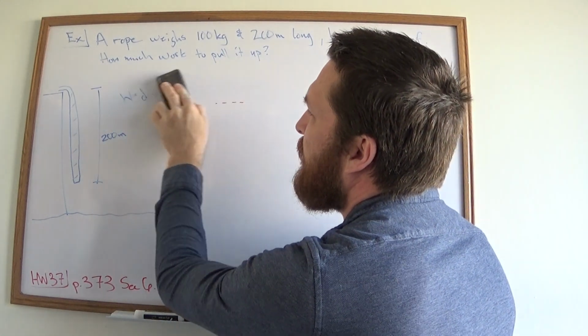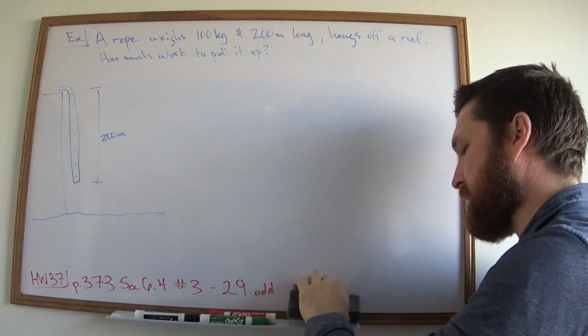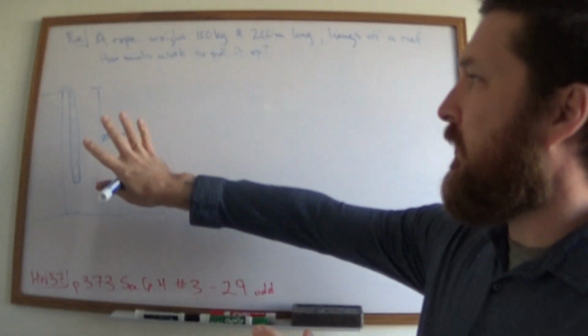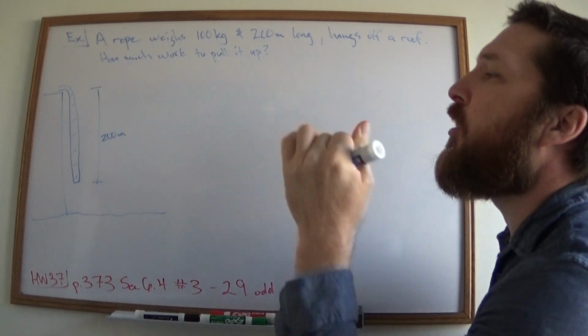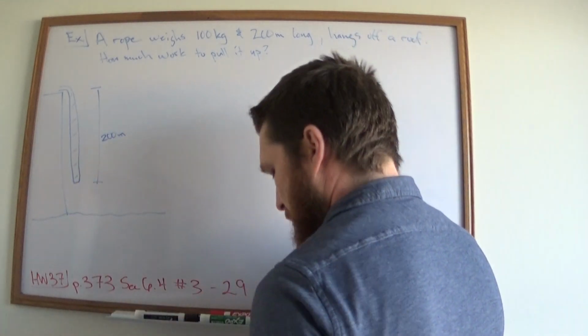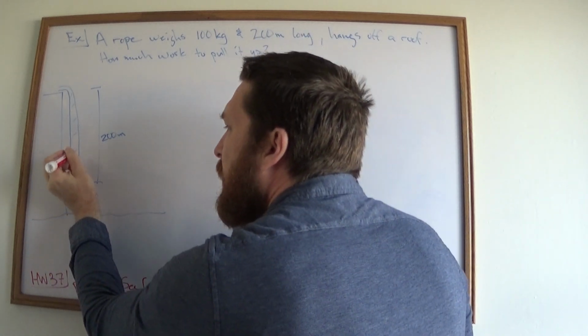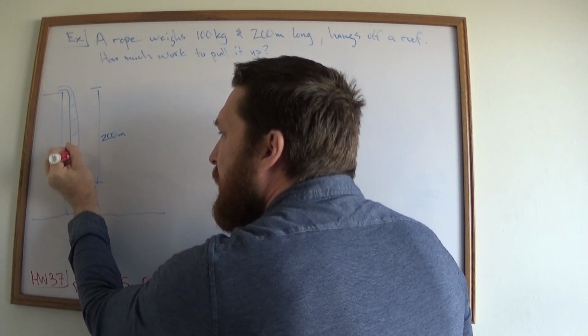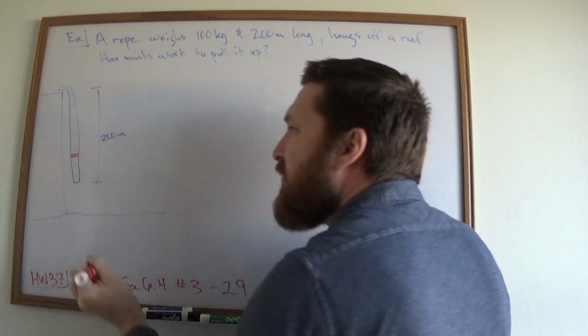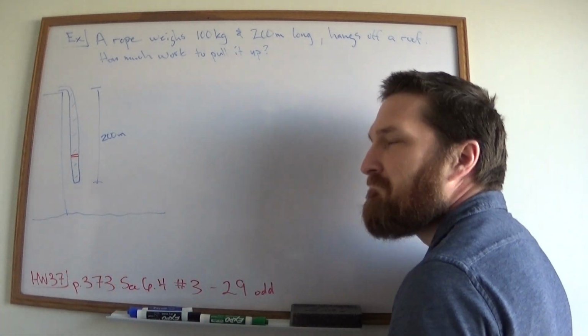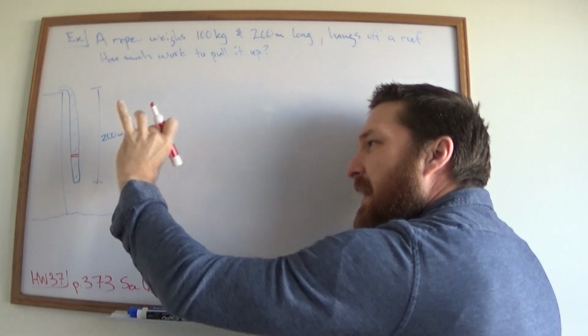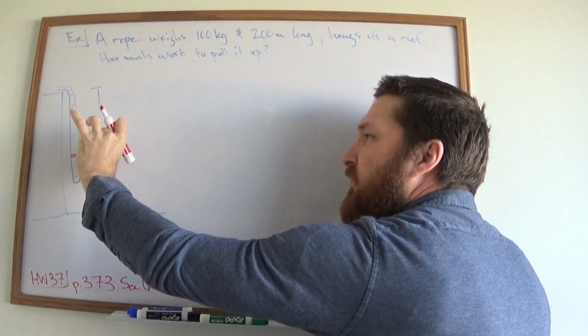What we're gonna do is imagine this. Any part of this rope, let's use right here, let's take a thin little slice of that rope. That part of it needs to move up a certain amount.